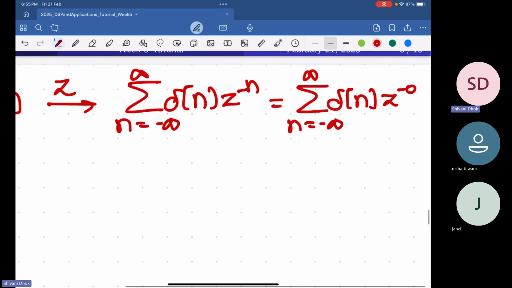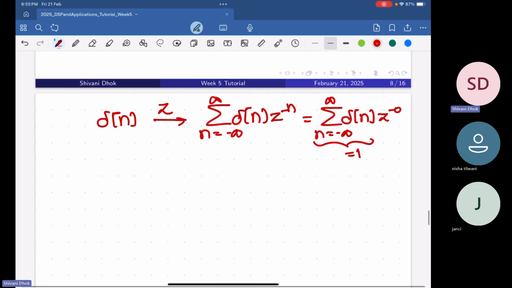And this summation here, that is the summation of delta(n) over n from minus infinity to infinity, is also 1. So we are simply adding the impulse over the entire range. Therefore the z transform of the unit impulse function is the constant 1.